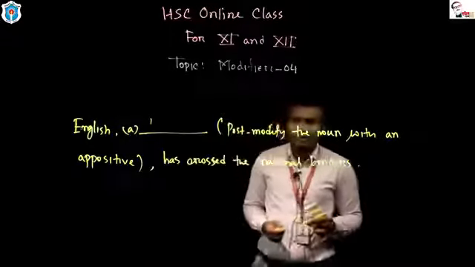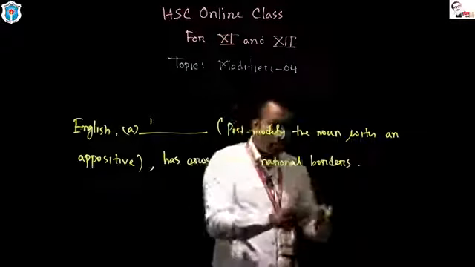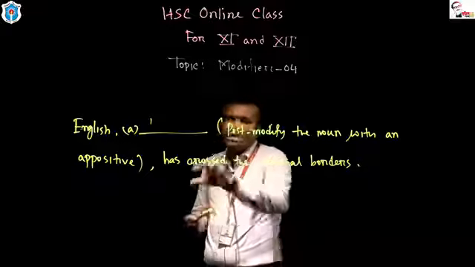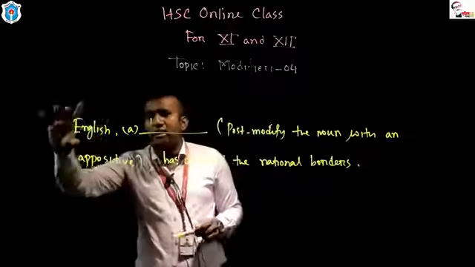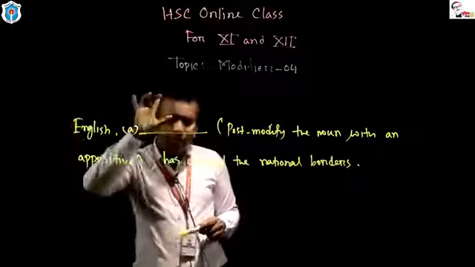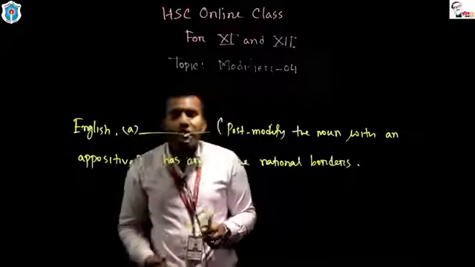English, dash, has crossed the national borders. So mainly the answer is: English has crossed the national borders. Now you have to put additional information regarding English. Okay, but the additional information that you are going to write should be a noun phrase.